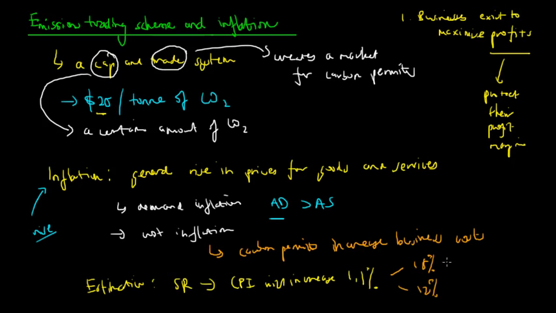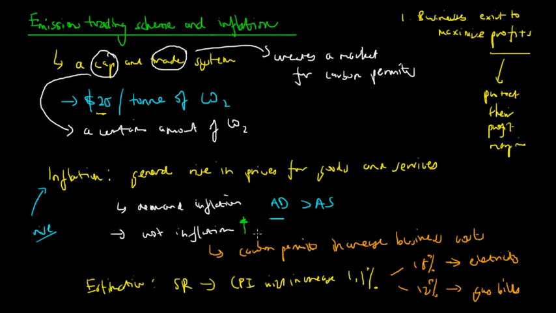So 18% corresponds to electricity bills, because at the moment electricity is primarily coal powered, and a 12% increase in gas bills. So we can see that by putting a price on carbon, this would tend to fasten cost inflationary effects.